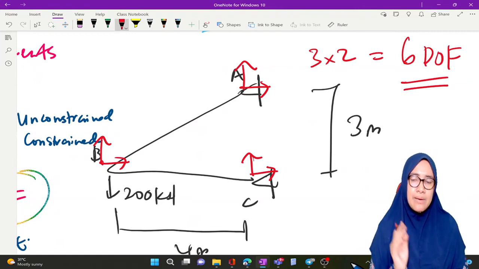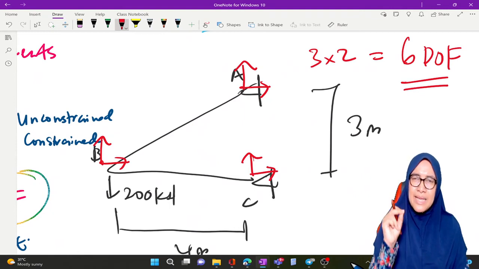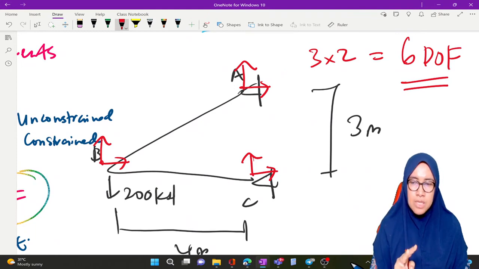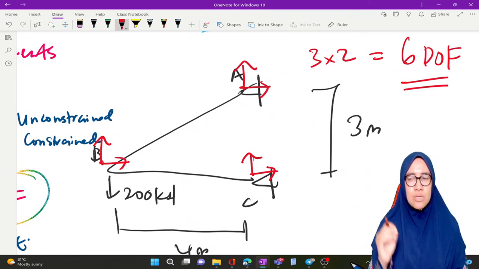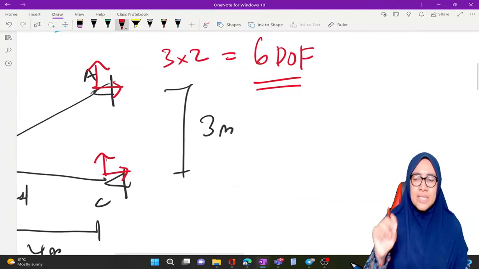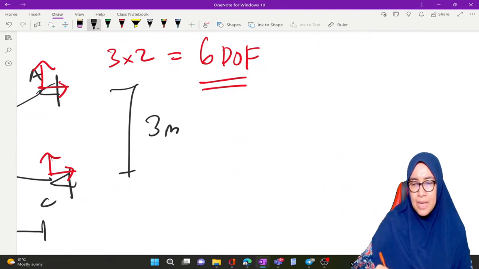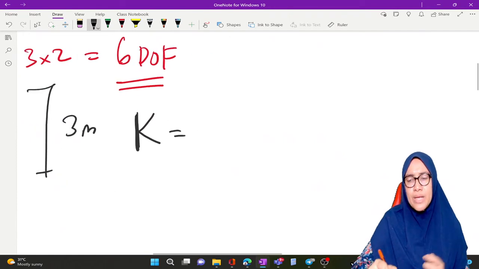There are 6 degrees of freedom in this truss because each node has 2 degrees of freedom. So if there are 3 nodes, it is 3 times 2 equal to 6. So this 6 represents the size of K, the structure stiffness matrix that we are going to produce.